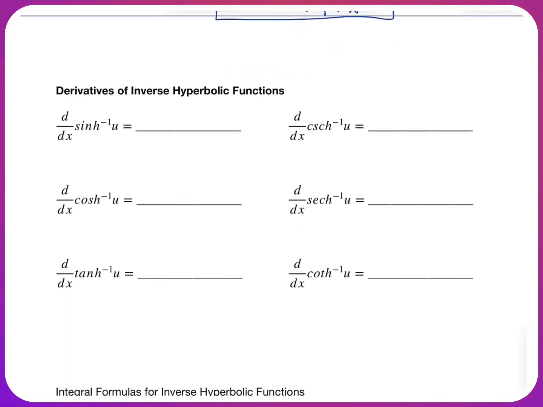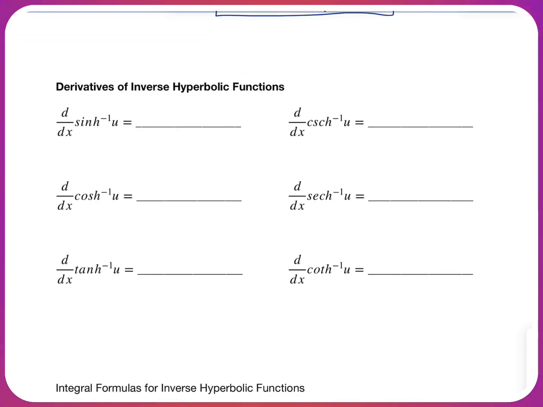And then I'm going to just give you the other ones. You can go through the process if you want to find them. So here is our derivative of the inverse of the hyperbolic sine function of u with respect to x. So I'm using the chain rule here. Here's the derivative of the inverse of the hyperbolic cosine function.